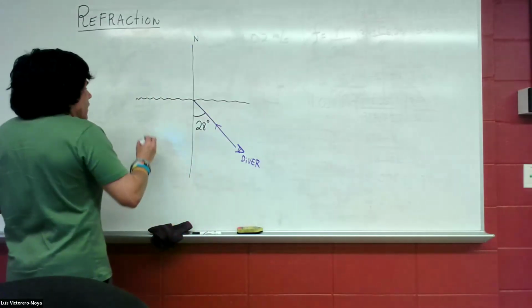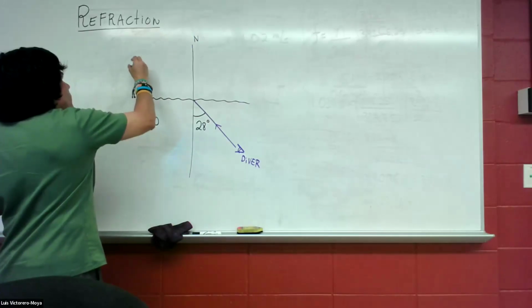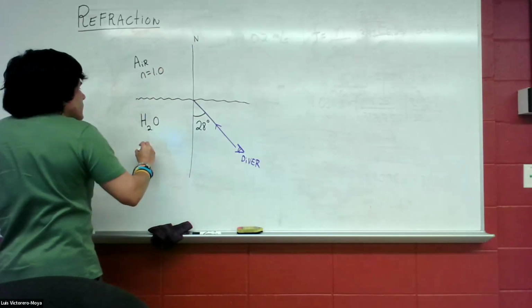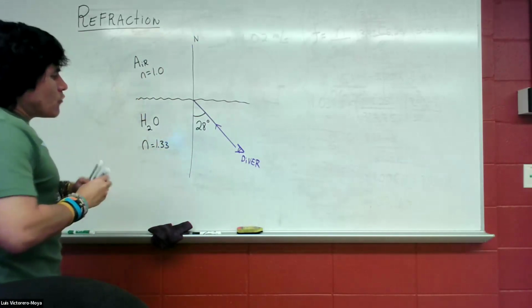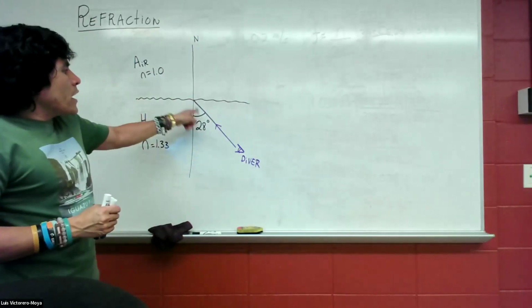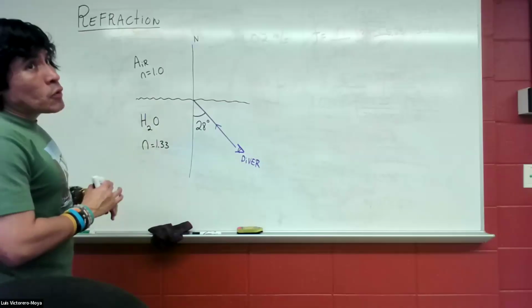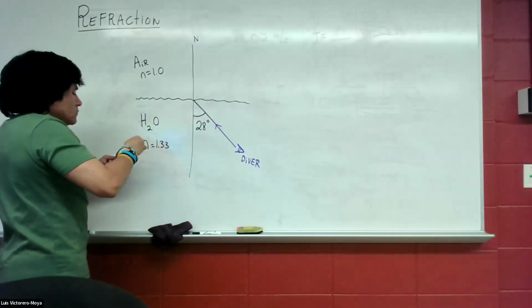So if you think about it, guys, you're going from water to air. Air has an index of refraction of 1, while water has an index of refraction of 1.33. If you're going from a region of a higher index to a lower index, the ray of light is going to bend away from the normal. The opposite as if it was going from air to water.